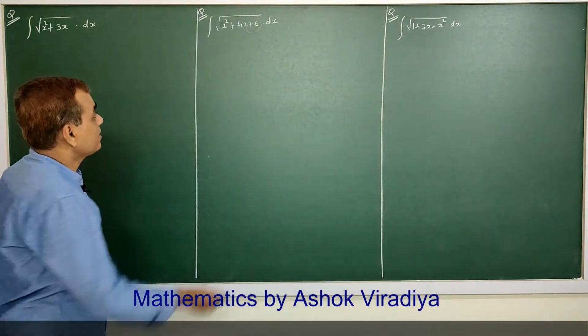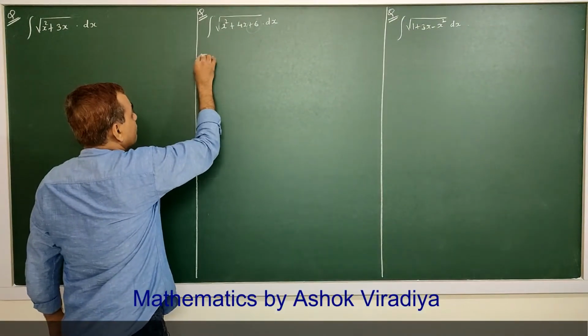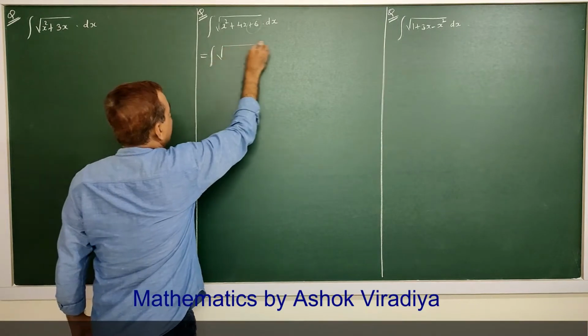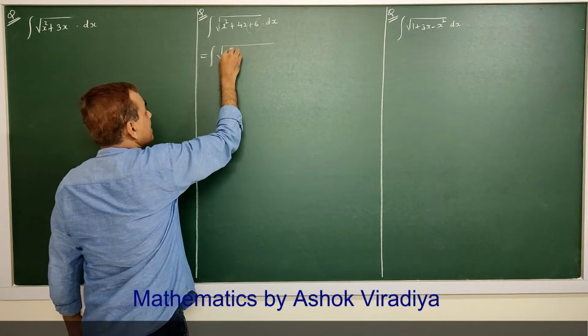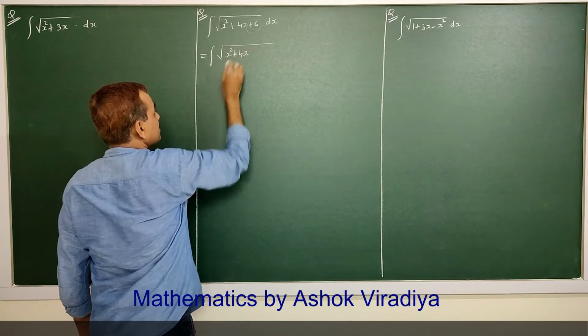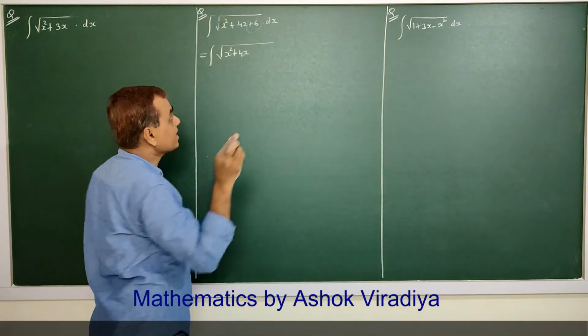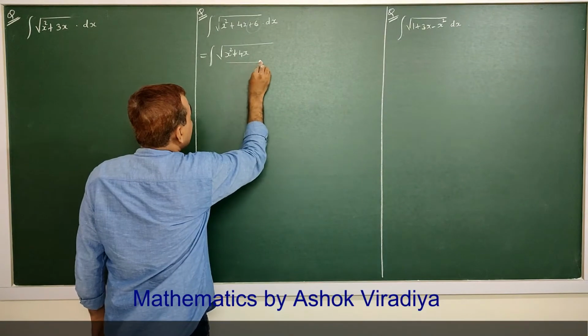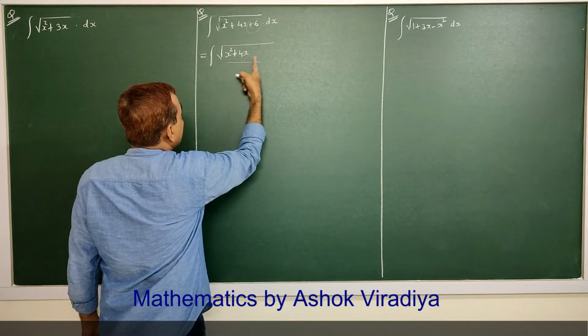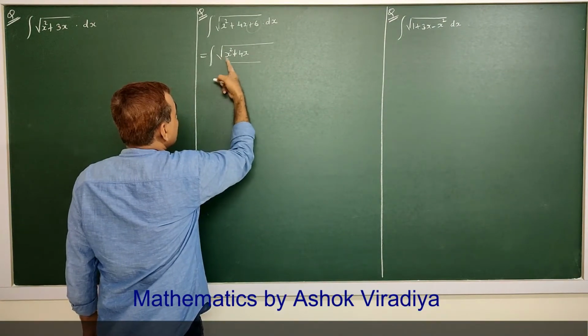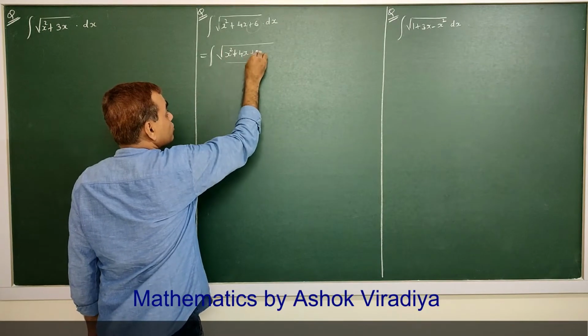Say here, integral of square root of x square keep as it is, 4x keep as it is. Constant we are splitting in such a way that its one part becomes the last term of this perfect square polynomial. So to make this a perfect square polynomial, the last term should be 4.